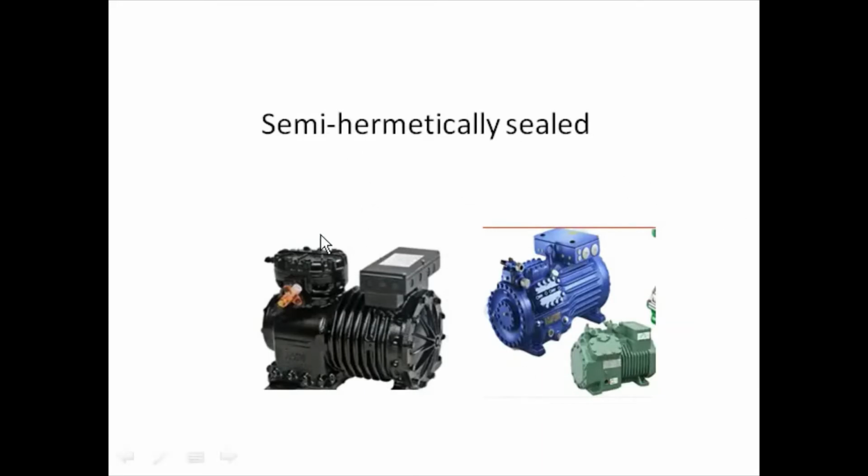As you see, some of the features may be exposed outside of the housing of the compressor. For example, we may have the motor outside and the compressor here. Also, there are other components attached to this compressor but not enclosed in the same case. That is what is called semi-hermetic.